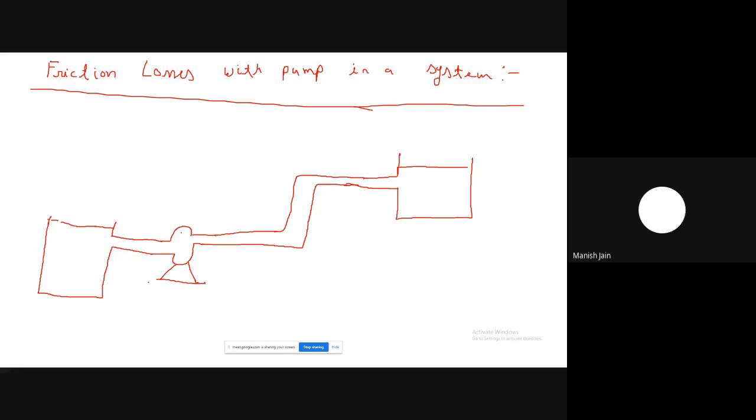The dimensions of the system are given. Here to here, the length is 5 meter. From this point to this point, the length is 50 meter. Now the elevation from this point to this point is 15 meter.